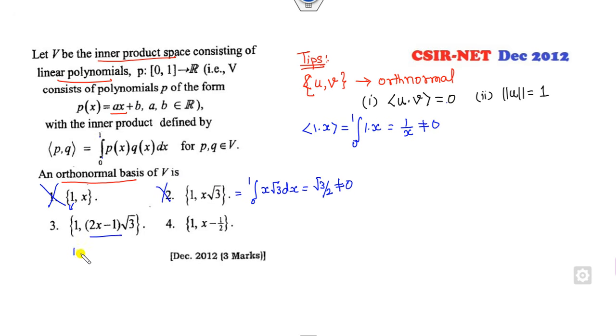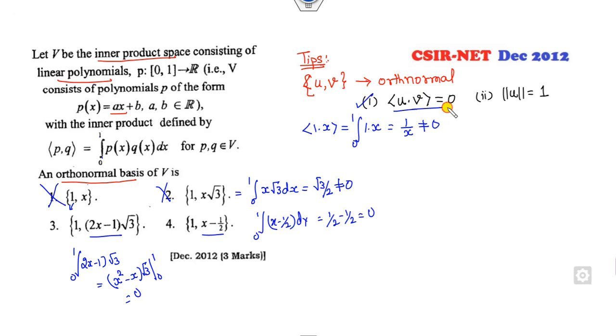Look at this one, it's 1 to 2, 2x minus 1 of root 3, so it is x square minus x of root 3, 0 to 1, it's 0, so it satisfies the first property. We can check here, it's x minus half, so this is 1 over 2 minus 1 over 2, 0, so the third and fourth satisfy this property.